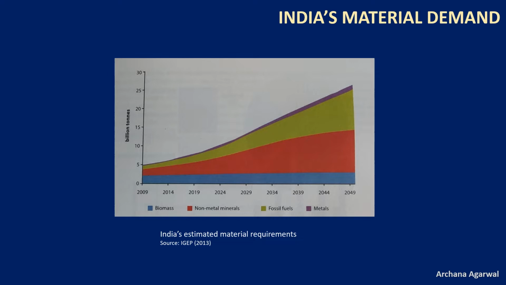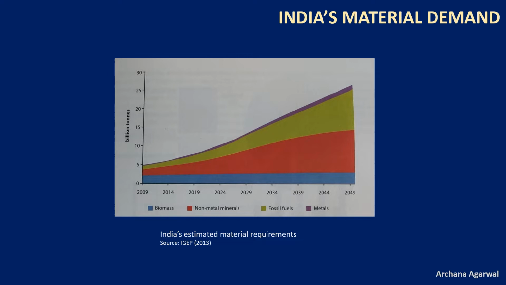A study was conducted in 2013 by IGEP, that is Indo-German Environment Partnership Program, which is a joint program of the Ministry of Environment and Forest, Government of India, and the Federal Ministry for Economic Cooperation and Development.